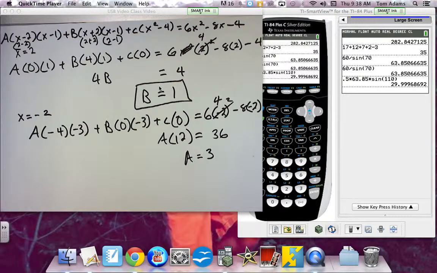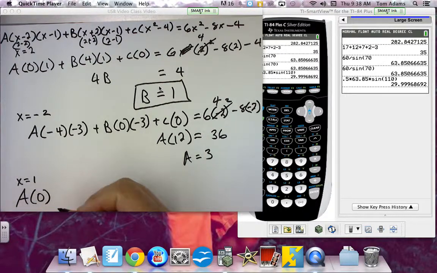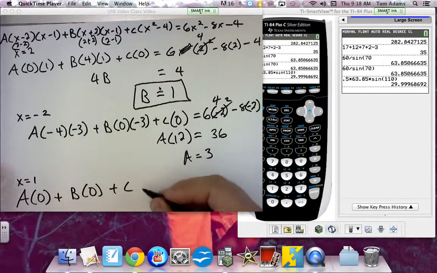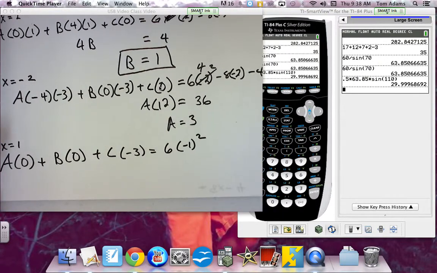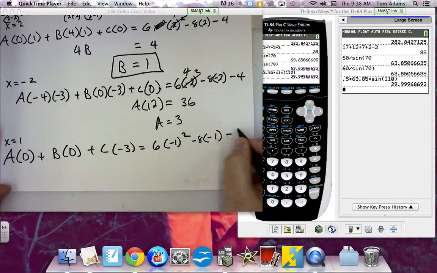So now I need to cancel out the other stuff. Let's do x equals 1. Then A gets 0, B gets 0, plus C times 1 squared minus 4, which is negative 3. And that's equal to 6 times 1 squared minus 8 times 1 minus 4.